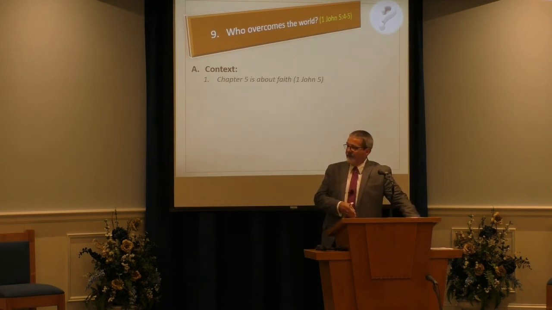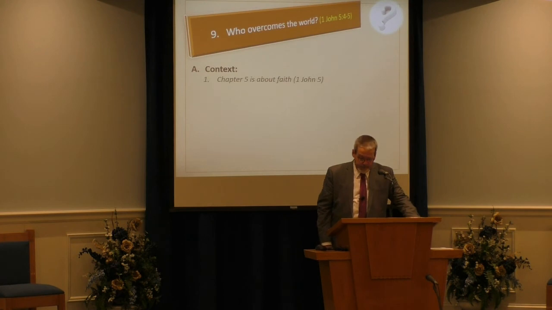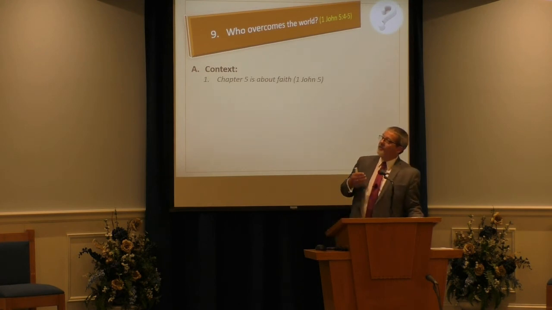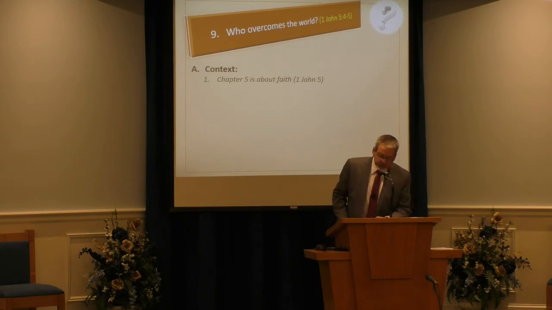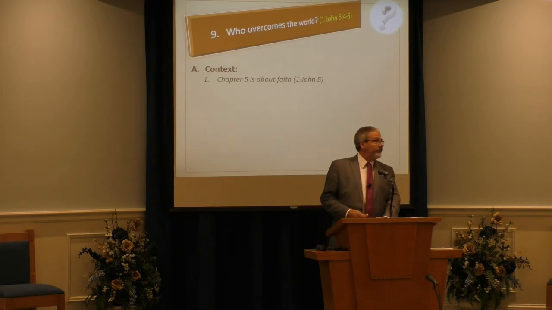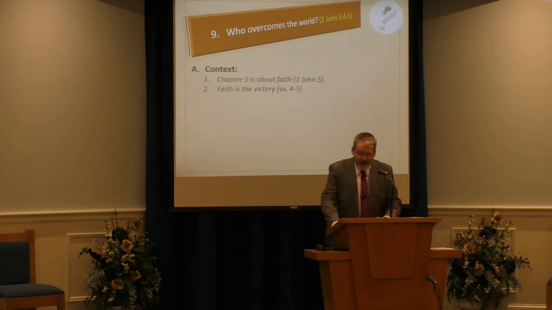Chapter 5 seems to shift gears slightly from chapters 2, 3, and 4. And he talks about faith in chapter 5. In fact, the whole chapter is about faith. He talks about a number of things. That faith is the basis for the love that he had talked about earlier. He talks beginning at verse 6 about the evidence for the faith. But I want you to focus on verses 4 and 5. His point is that faith is the victory.